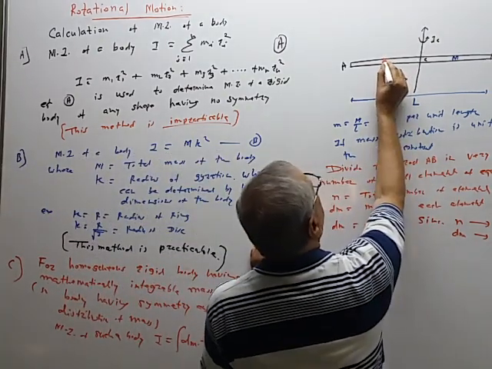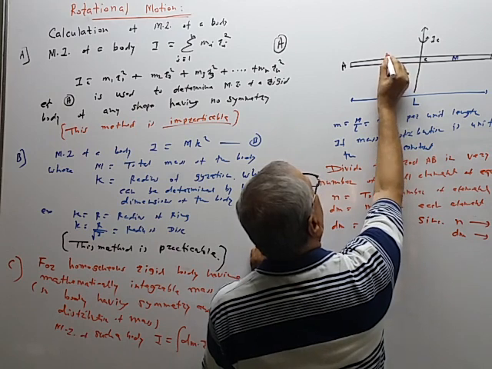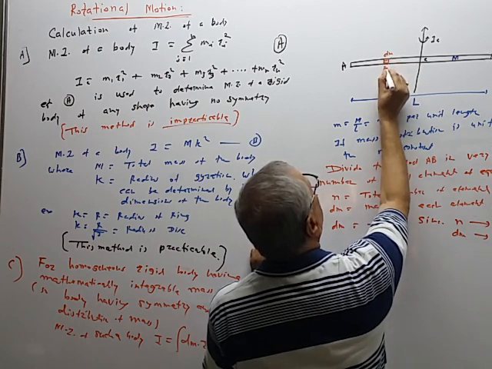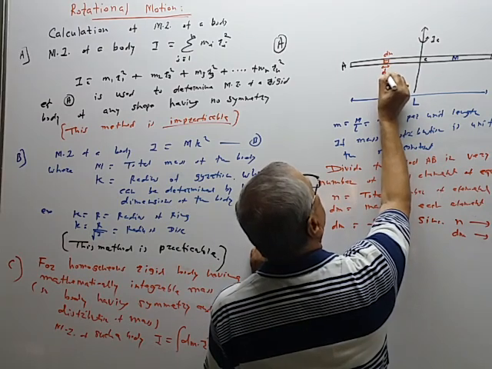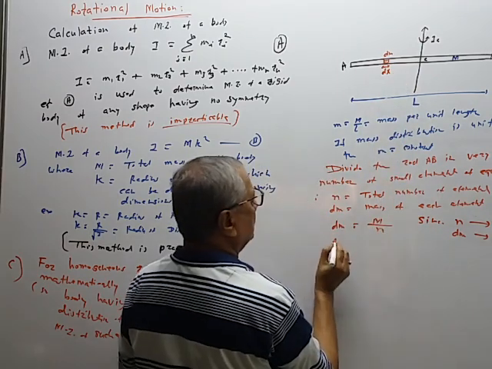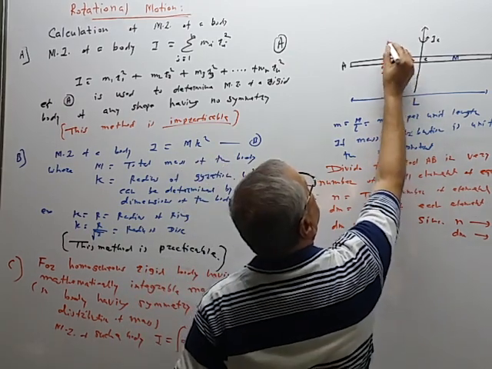So we will consider a single element here. Whose width is dx. So dm is equal to, the distance is r.